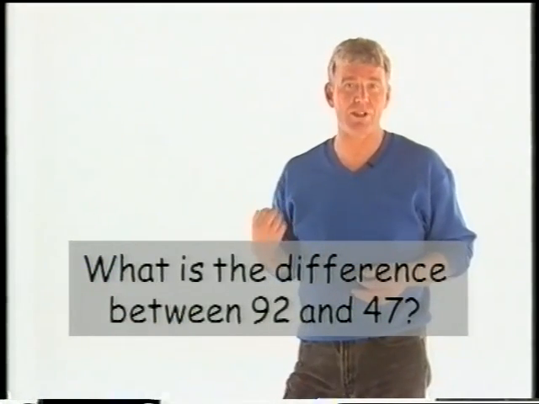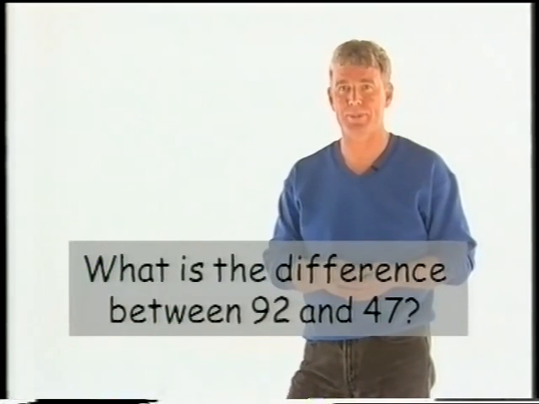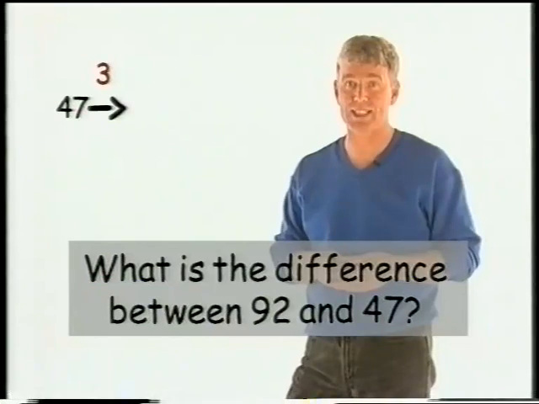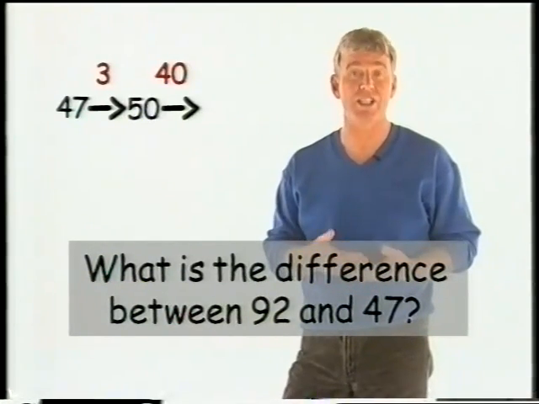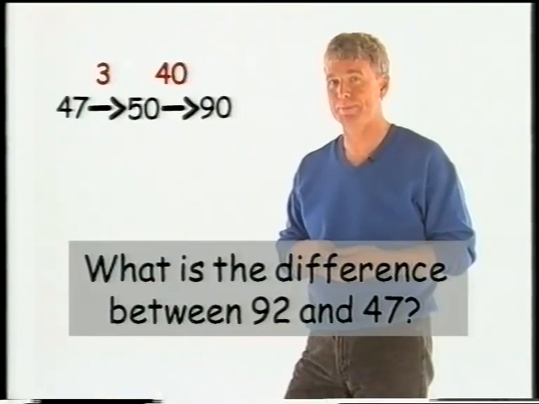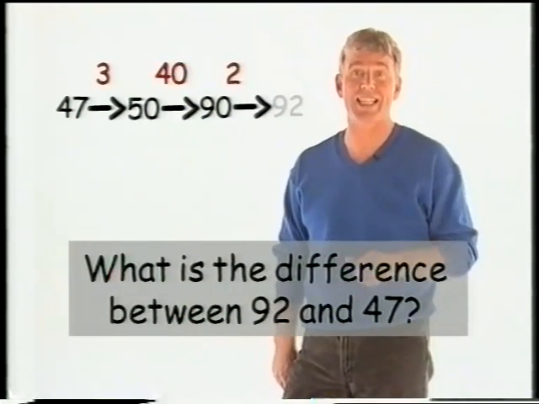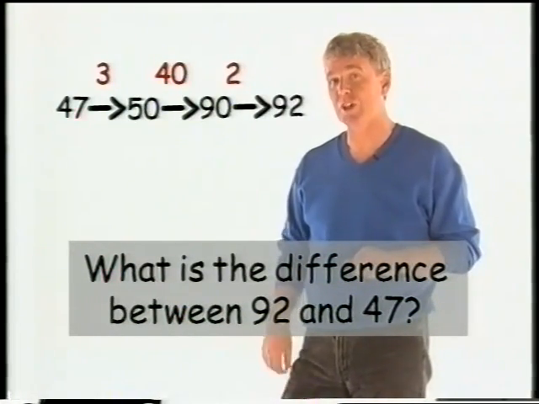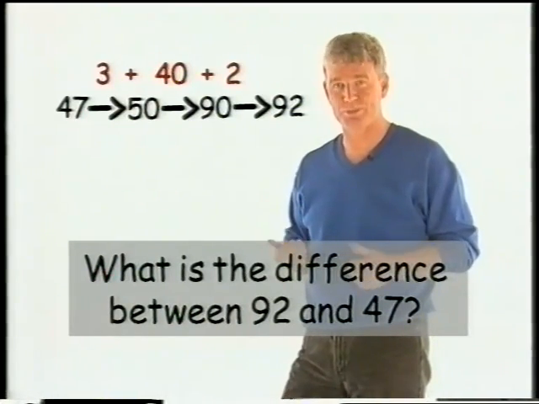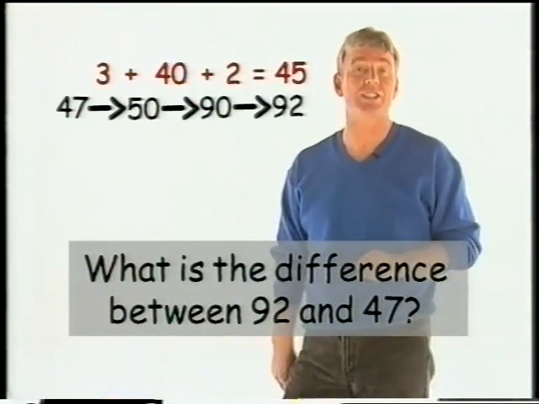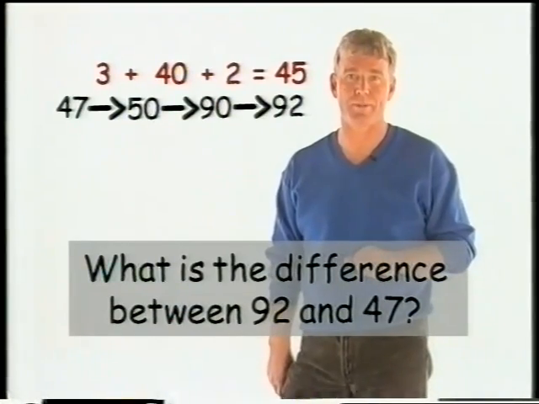Let's do it by counting on in our heads. Add 3 to 47 to get 50. Then 40 more to get 90. And finally 2 more to get 92. So that's 3 and 40 and 2, which is 45. So the answer is 45.